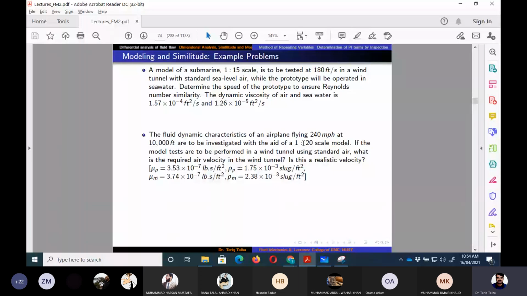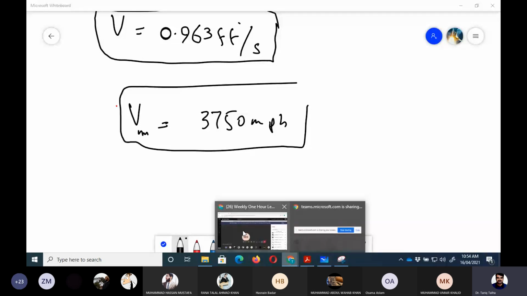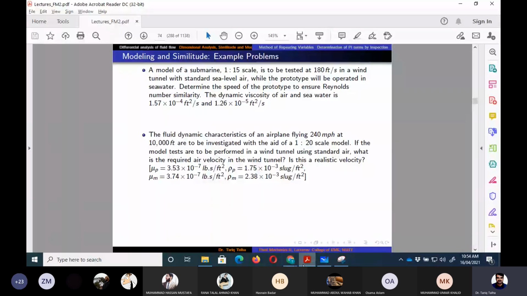Like in this case, it was 1:20, so maybe 1:5. If we do that, the velocity would be divided here by 4. Maybe it would be manageable or not. It depends on the apparatus we have got in the lab. So we need to be very careful before we do the scaling down for the model, whether the flow conditions required to replicate the system level flow field are feasible or not, which was clearly not feasible in this case.